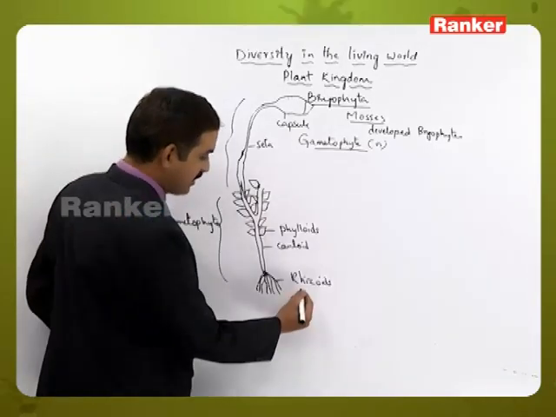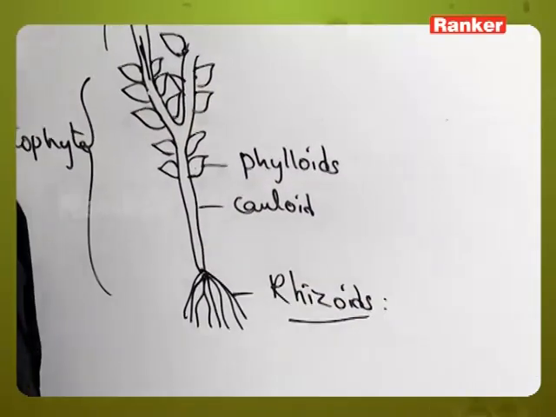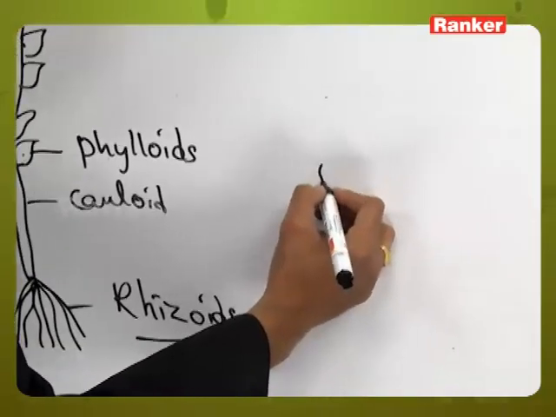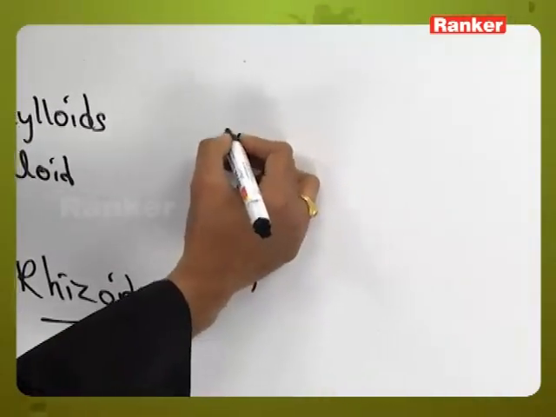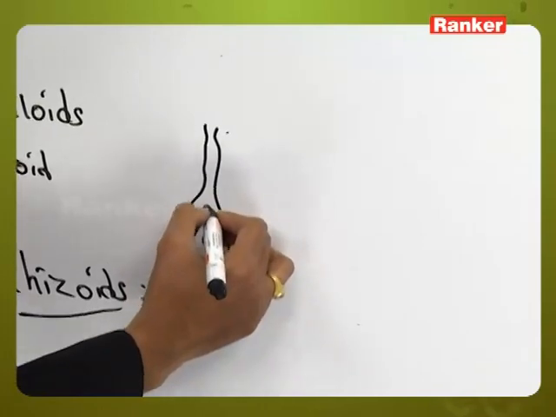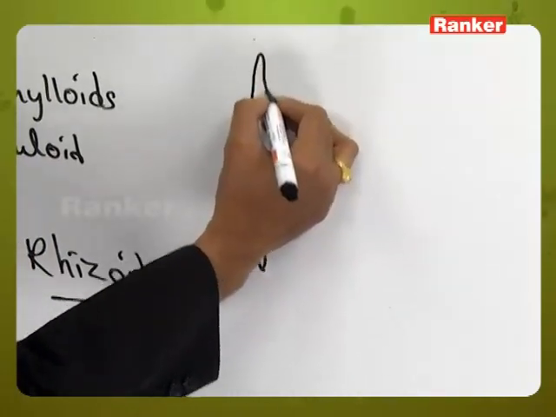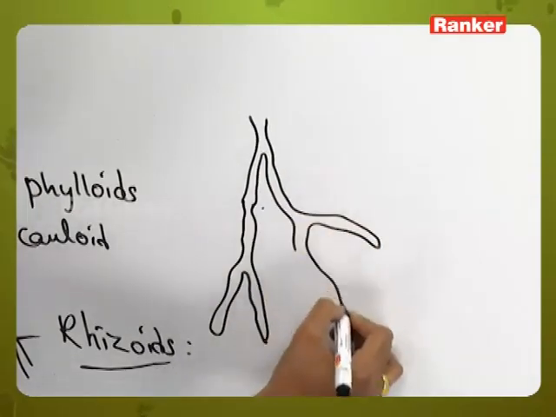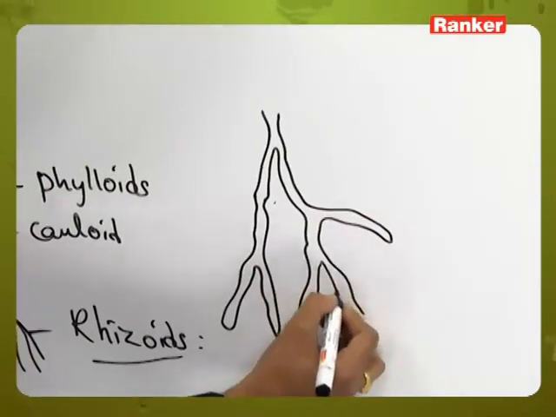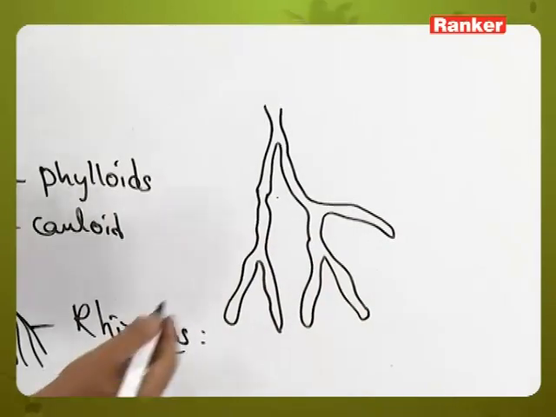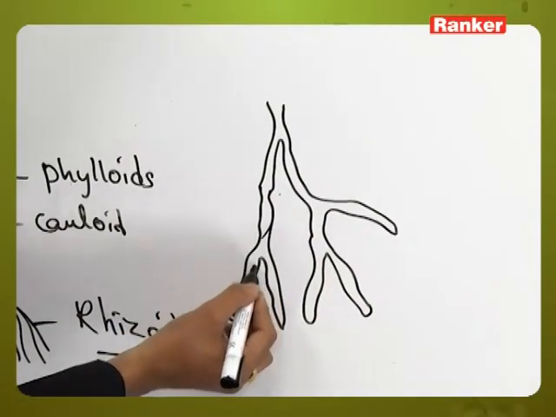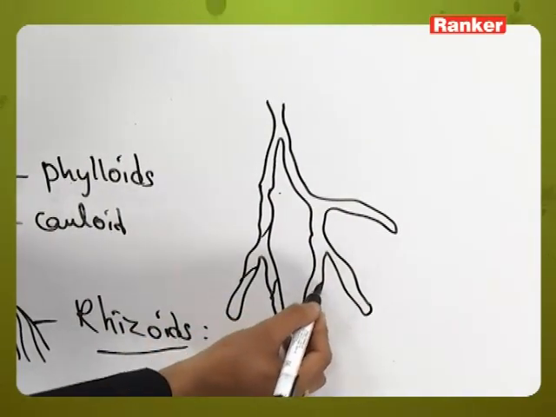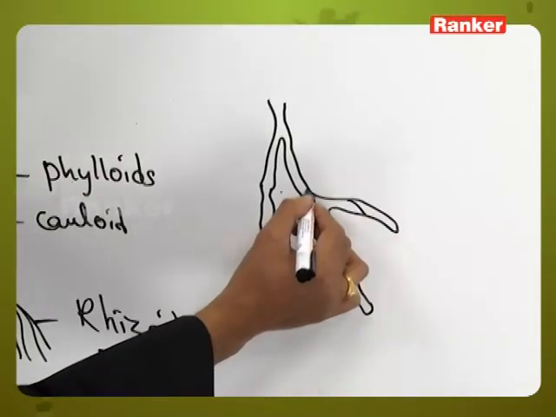Here if you see the rhizoids, generally rhizoids are brown in color, and branched. Generally they have oblique septa, which will increase the area of absorption.